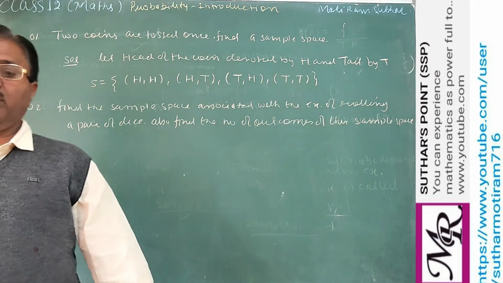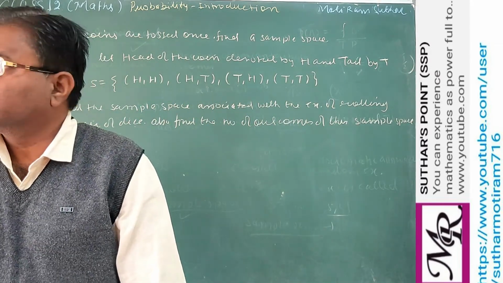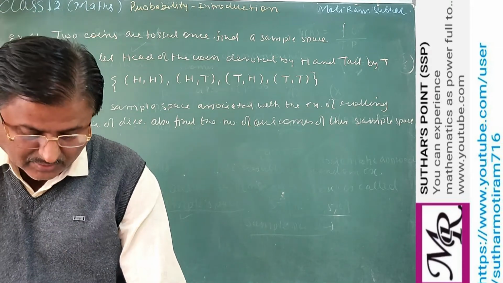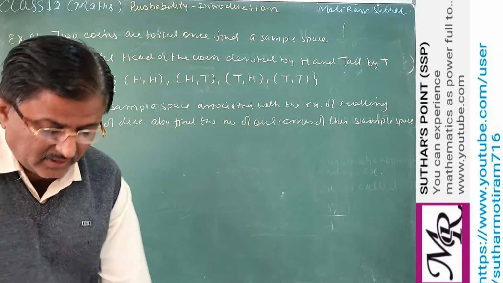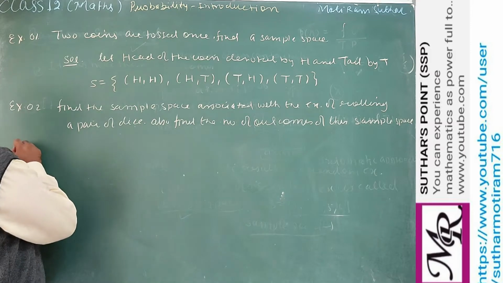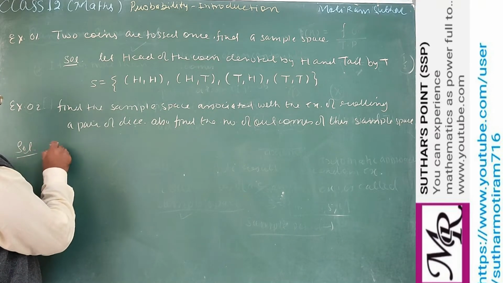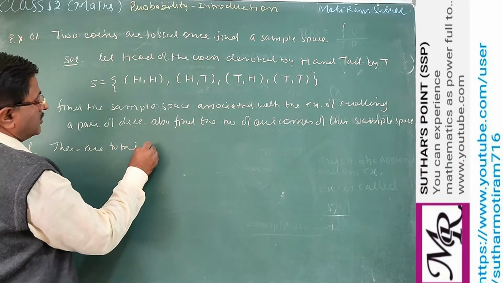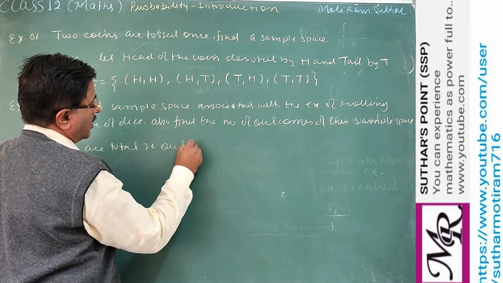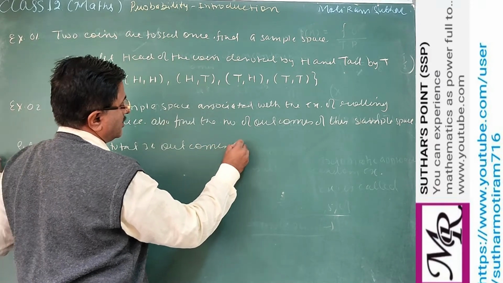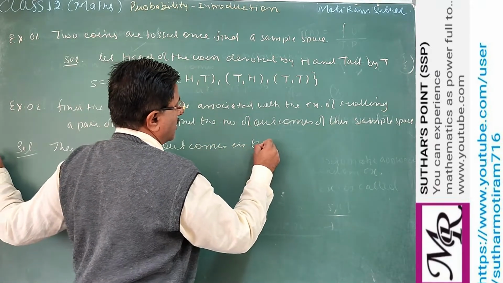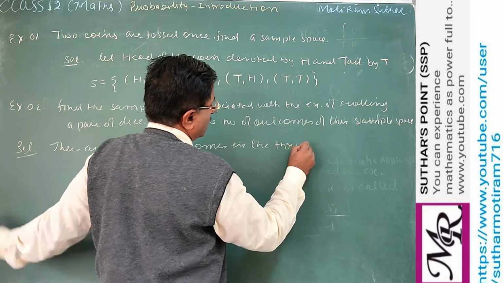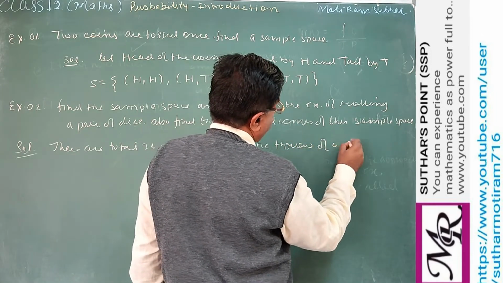So when a pair of dice is thrown, you know that the total possible outcomes are 36. In the solution there are a total of 36 outcomes in the throw of a pair of dice.